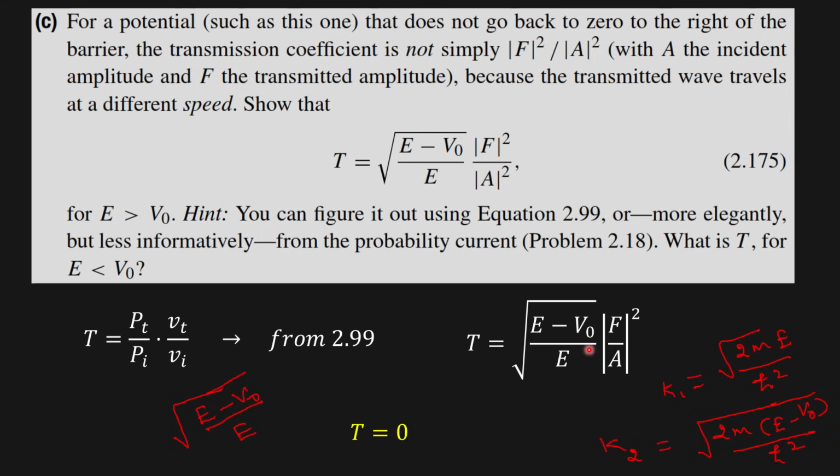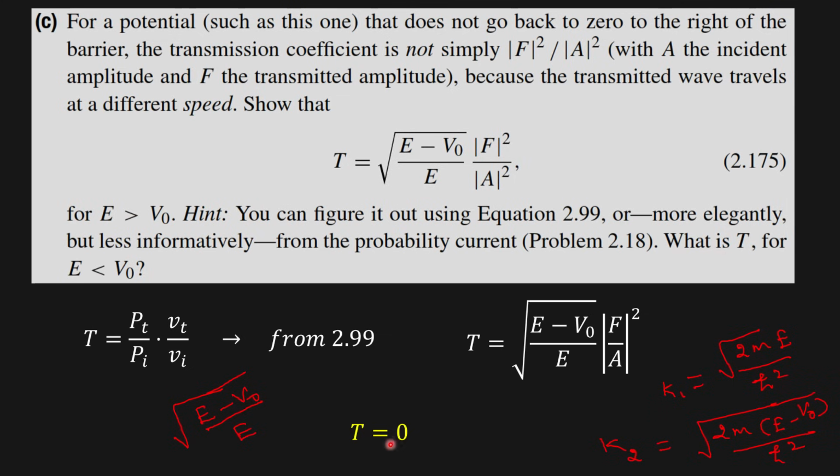What is the probability of the transmitted wave? Modulus F squared. What is the probability of the incident wave? Modulus A squared. So this is the transmittance when E is greater than V naught, the first case. What will happen for E less than V naught?